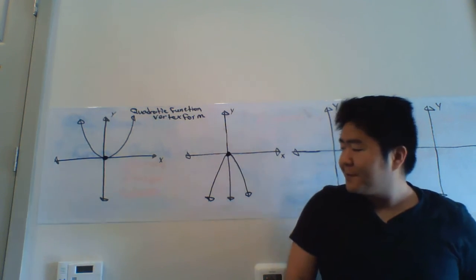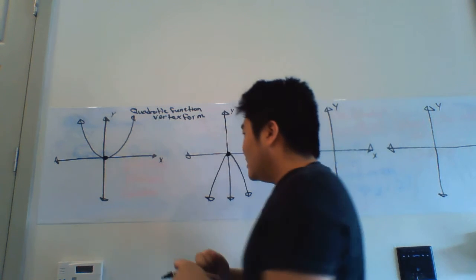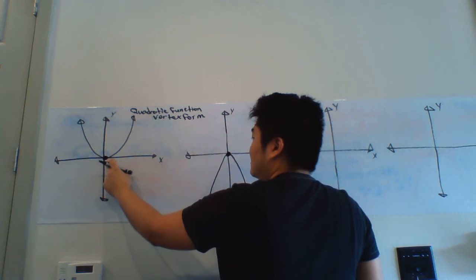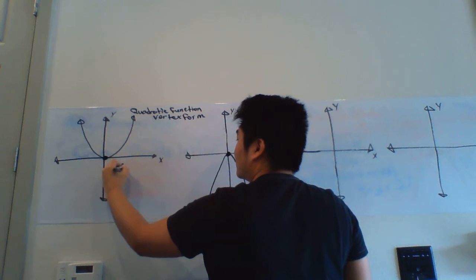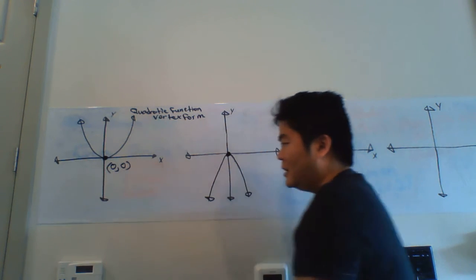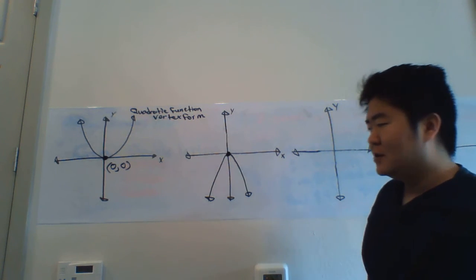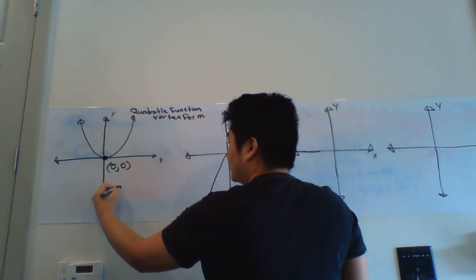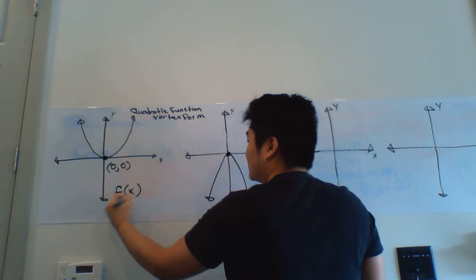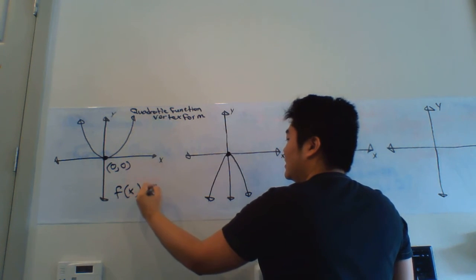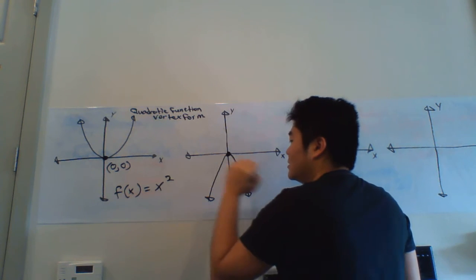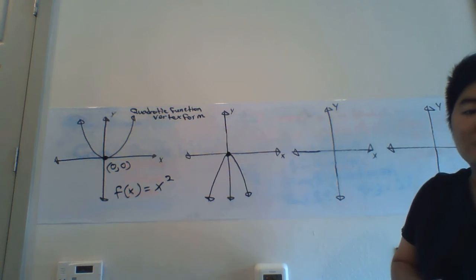So if we're looking at that, we know that this is right in the middle, smack dab at the origin at 0, 0. So this one is the easy one, the one to always go back to. I always do f of x, and then I do x squared. So that is my quadratic function.